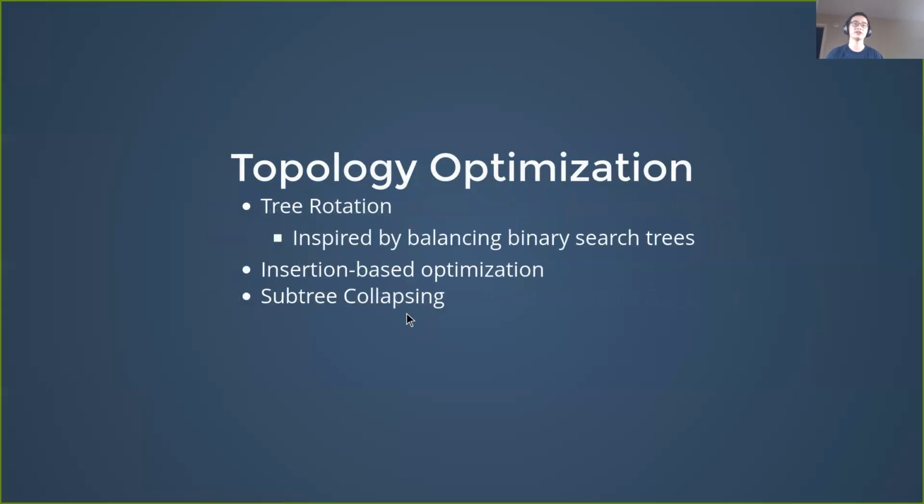There are several ways to optimize a BVH. The first is tree rotation, which is inspired by balancing a binary search tree.